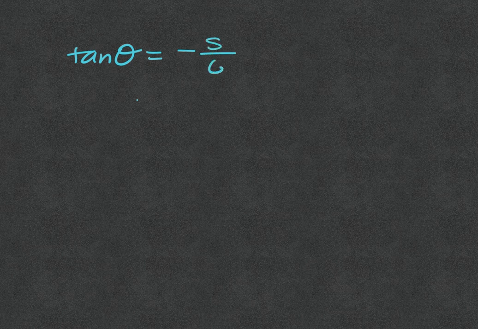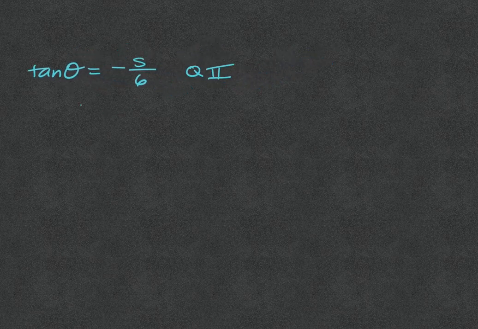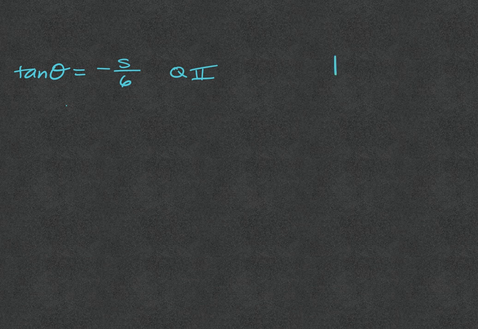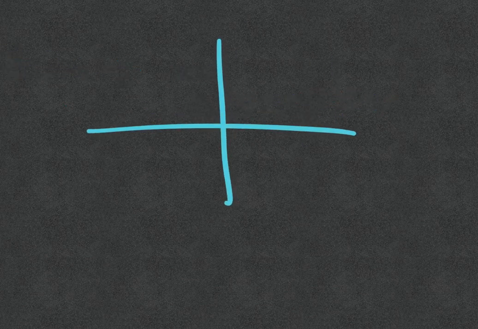Okay, so then you had ones where it would say something like, tangent of theta is negative 5/6, and it's in quadrant 2. So first of all, this is the trick I want to teach you. This acronym helps you remember what's positive and negative.